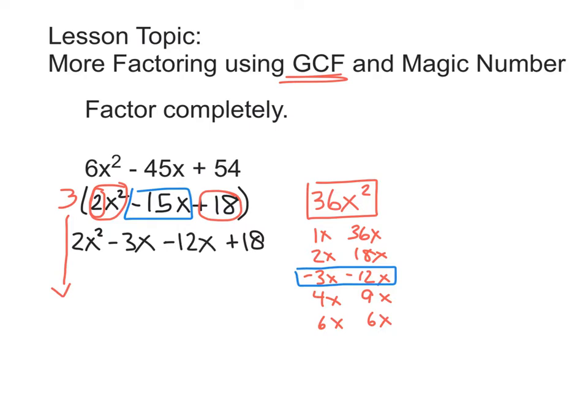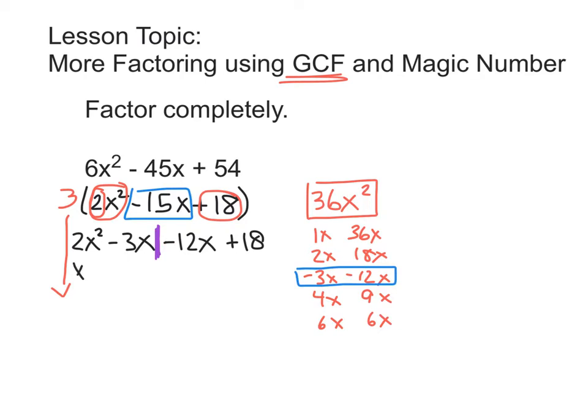Alright, now I'm going to put a line down the center in between the two terms on the left and the two terms on the right. When I do that, I'm going to factor out my GCF of each side. I'm going to factor out an x out of this side. And over here, I'm going to factor out a negative 6.